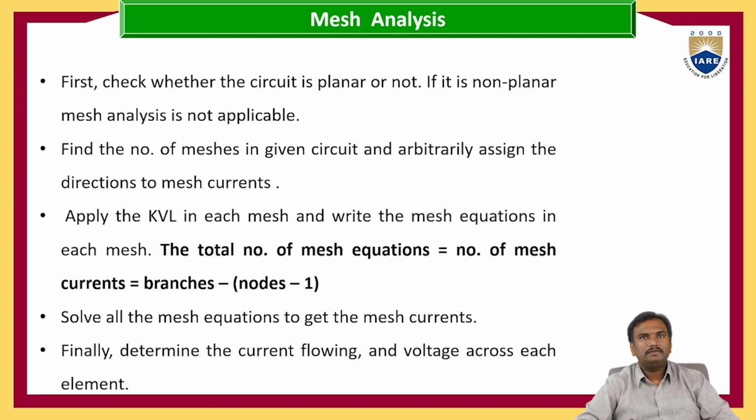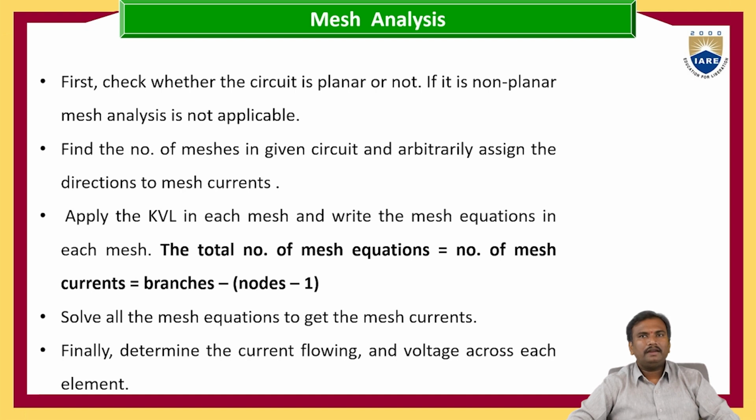Then we have to assign the direction as well as the magnitude of the currents. That is, we give current magnitudes such as I1, I2, I3, or IA, IB, IC, or IX, IY, IZ. In any way we can represent the currents. Those current magnitudes we are going to calculate.